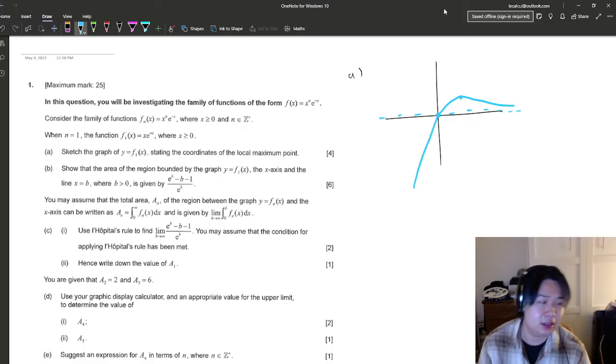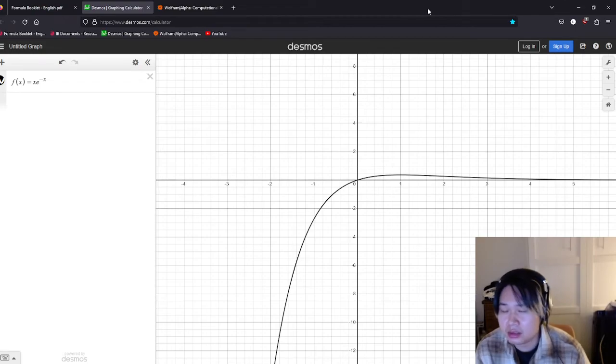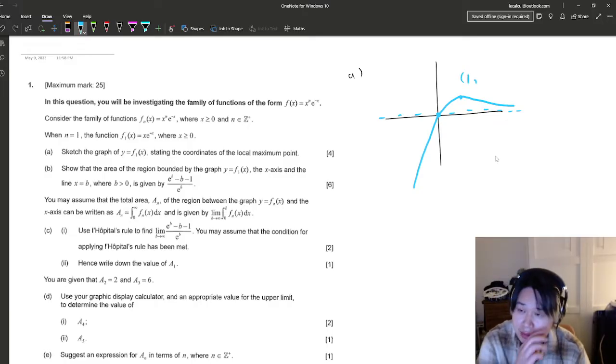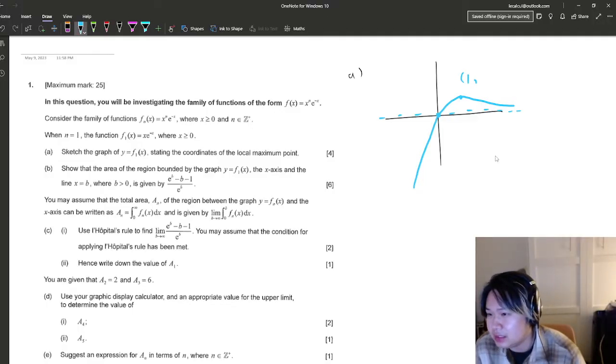Something like that, right? And then label your coordinate, which is at x equals 1, and then whatever value this is, which is just e to the negative 1.